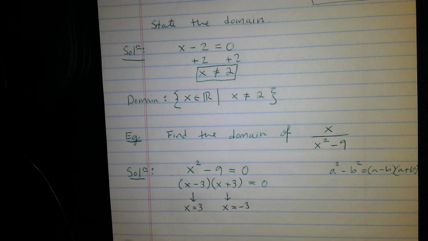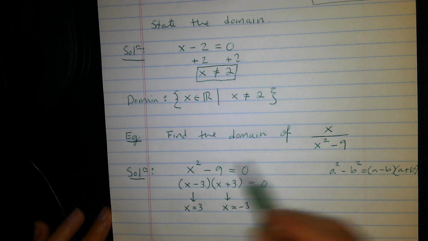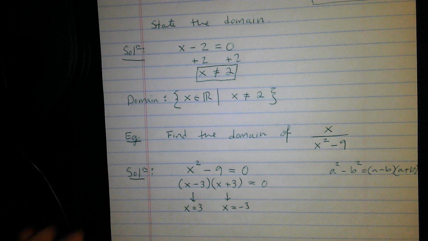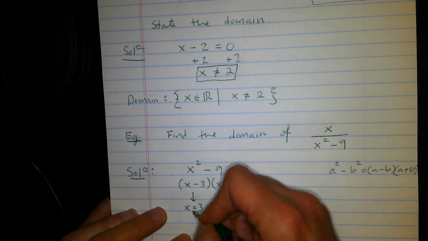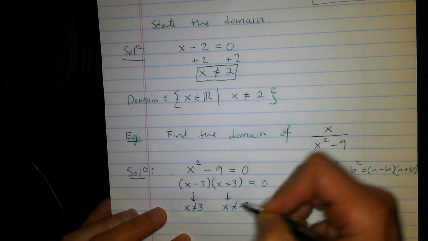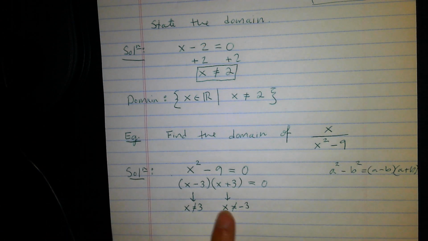Of course, this came from the denominator. It is 0 exactly when x is equal to 3 and x is equal to minus 3. So we say, well, we can't divide by 0, therefore x cannot equal 3 and x cannot equal minus 3.